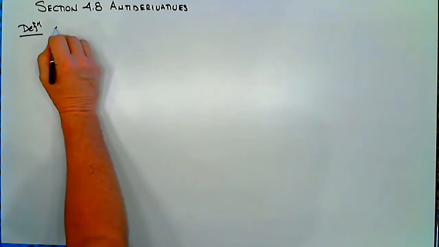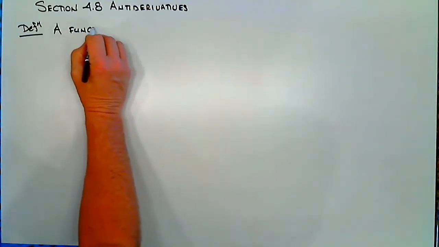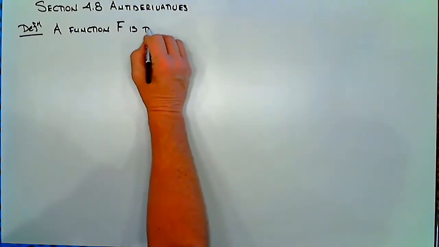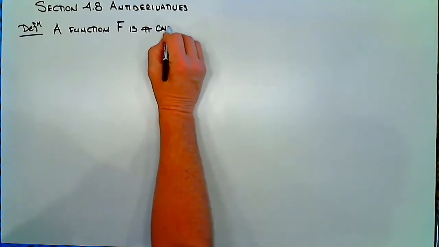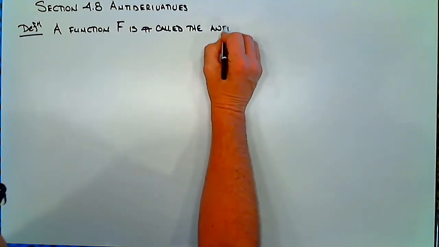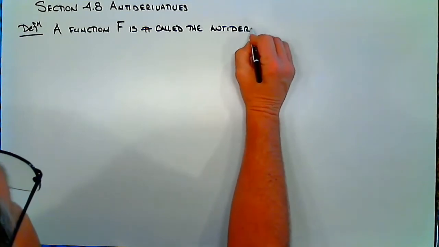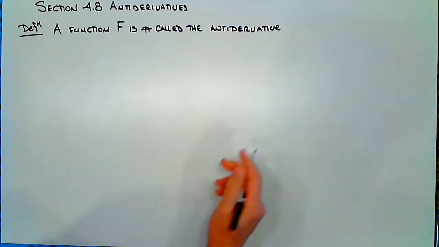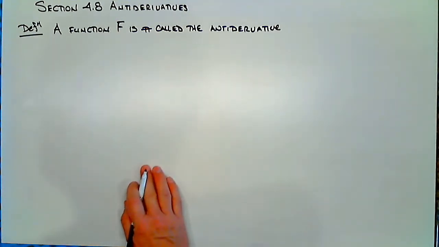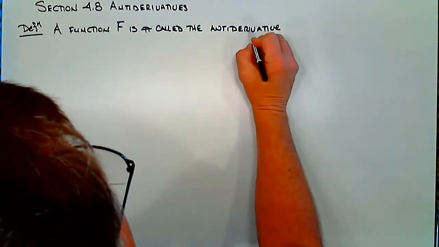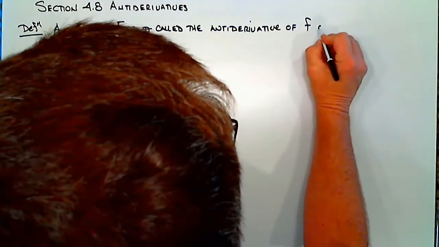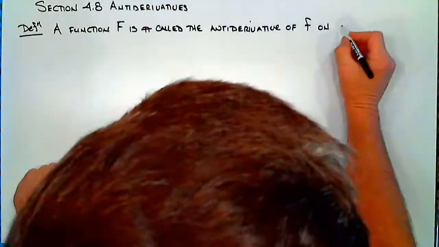It says a function, and our notation here is going to be capital F, a function capital F is called the antiderivative of little f on an interval I.